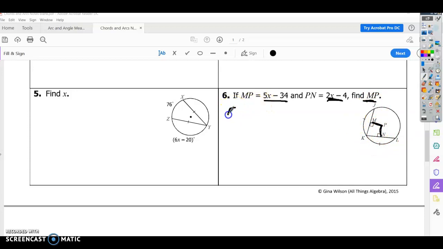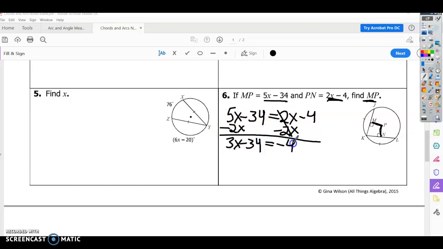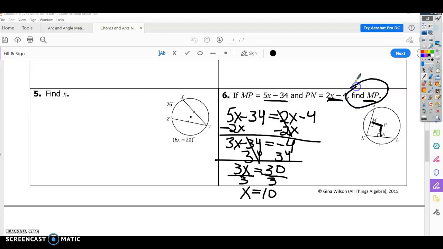So we can say 5x minus 34 equals 2x minus 4. And then we're going to solve. So subtract. All right, so x equals 10, but remember we're looking for LP.